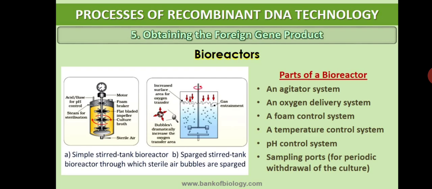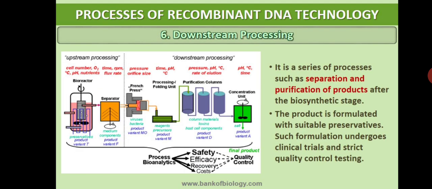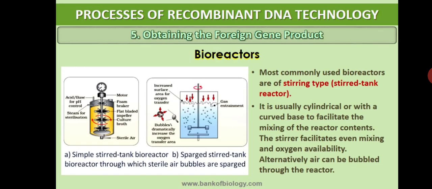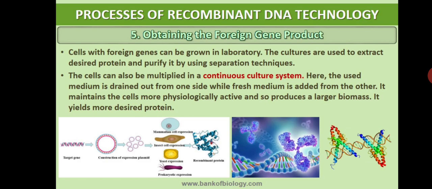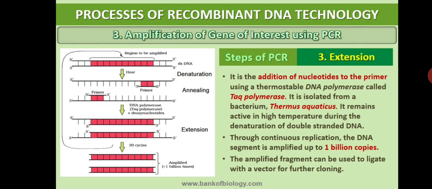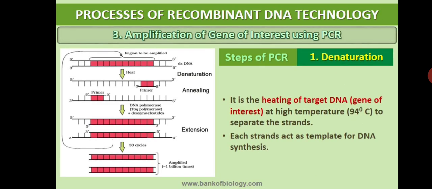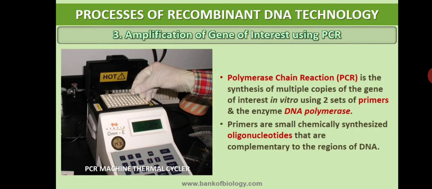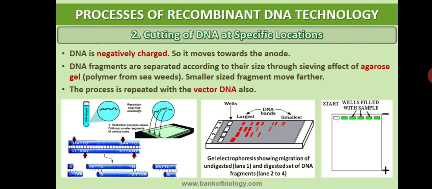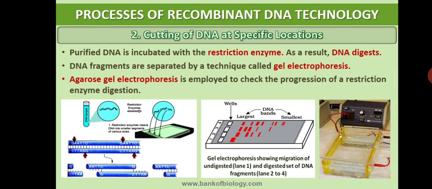One is gel electrophoresis and another one is gene amplification, or PCR. Getting my point? Before studying the actual process of recombinant DNA technology, at first you have to study these processes involved in it: gel electrophoresis, and gene amplification, which is also called the PCR technique.